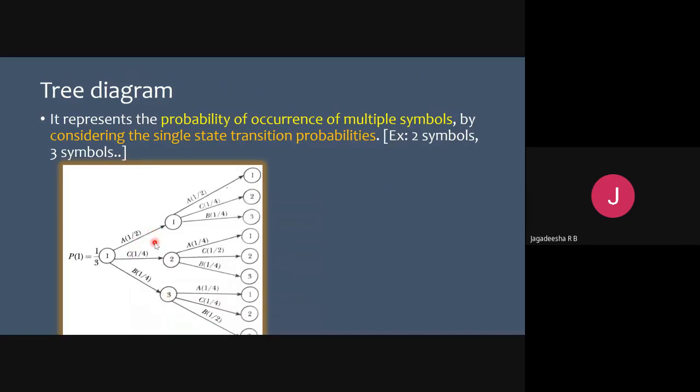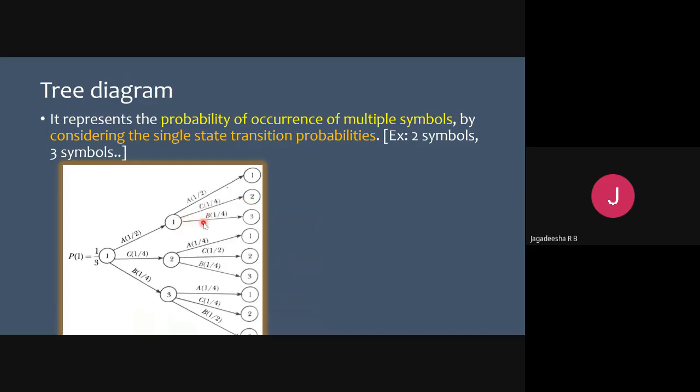That is, in the next stage, why do we need to build so many stages? I will tell you. In the next stage, what's going to happen? From state 1, because there are only 3 states, if it emits A, it will go to state 1 again. From 1, it emits C, then it will go to state 2.